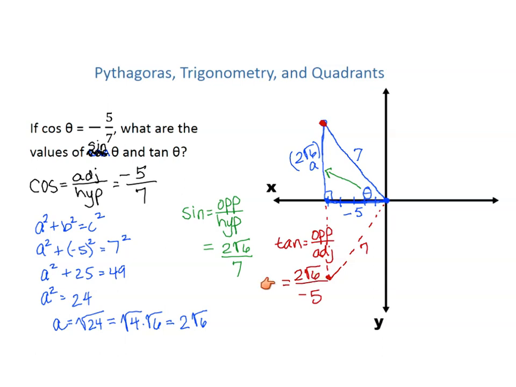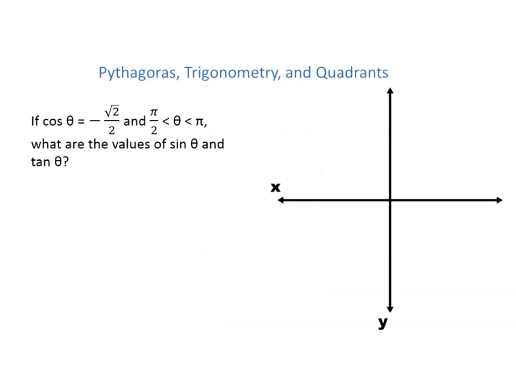Usually, we'll see in some of the other problems, they specify and give us a range to look at, or let us know if certain values are positive or negative. Okay, so we've got one like that here. It tells us the cosine, and it also gives us a range, saying that theta is between pi/2 and pi, which means it's between here and here.